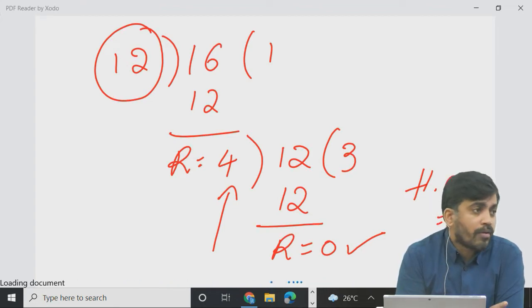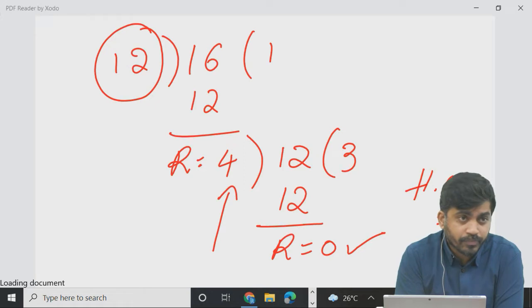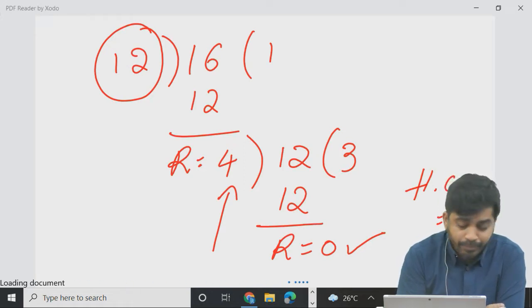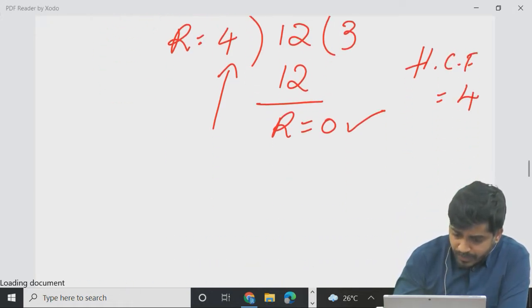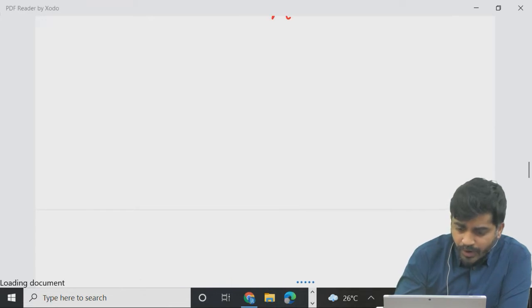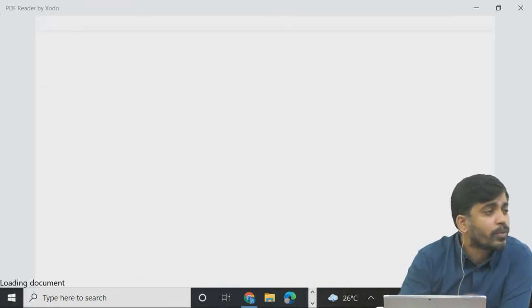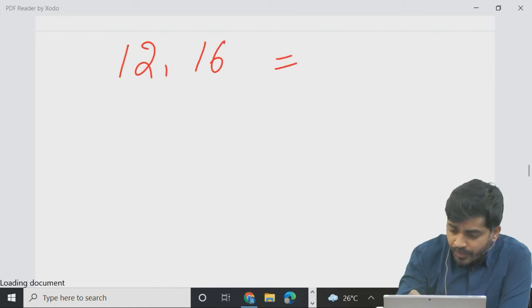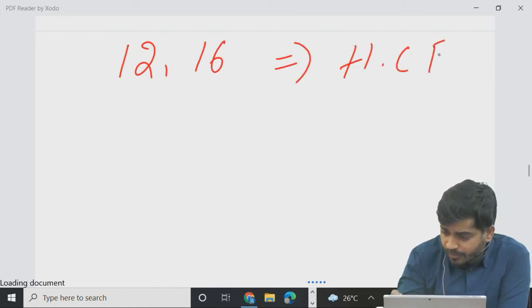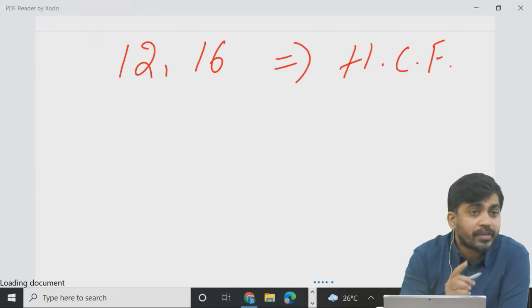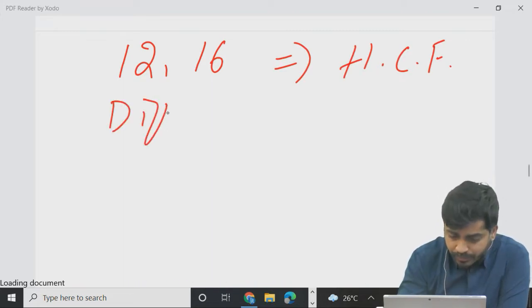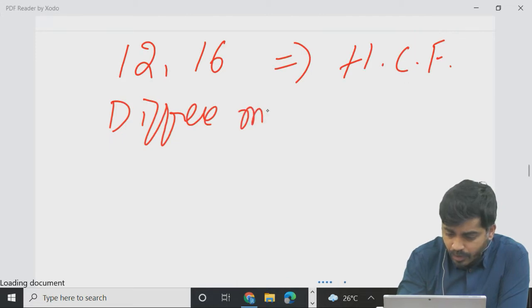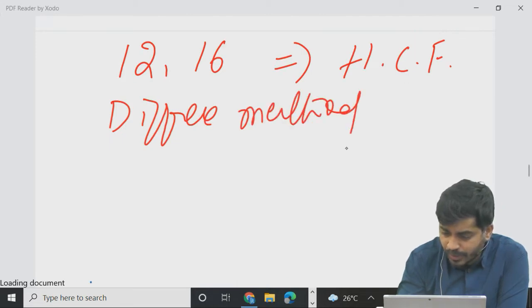Now, from the examination point of view, we have to save time. I'll give the best method. Whenever two numbers are given, 12 and 16, and we need to find the HCF, go by a method called the difference method. I'll explain what this is.